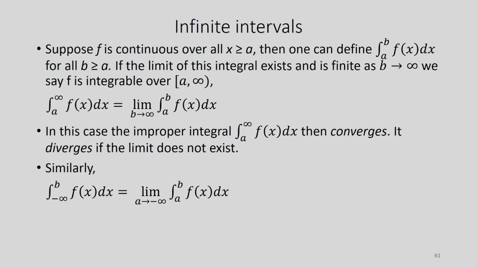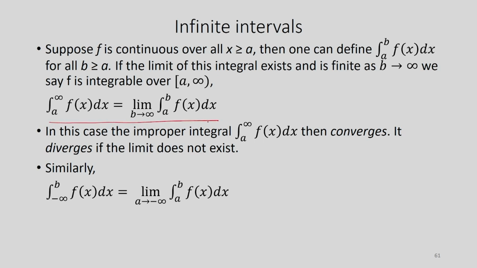If the limit of this integral exists and is finite as b goes to infinity, then we say f is integrable over a to infinity. So, here what is happening is that the upper limit is b, but suppose b goes to infinity, and the function is continuous over this entire range from a to infinity. And in that case, if the limit exists as b goes to infinity, then we can say that the function is integrable.